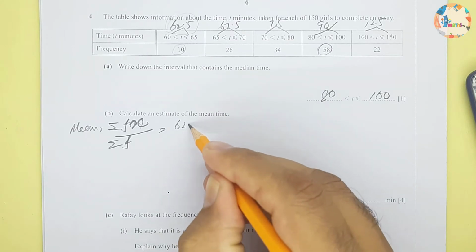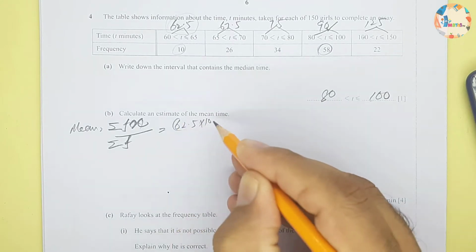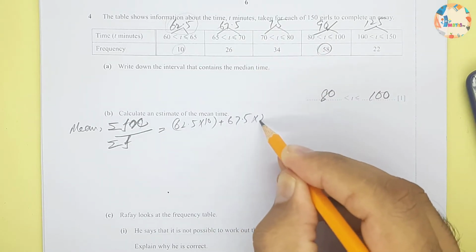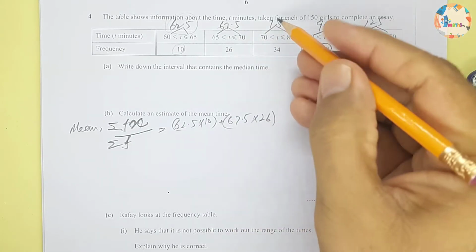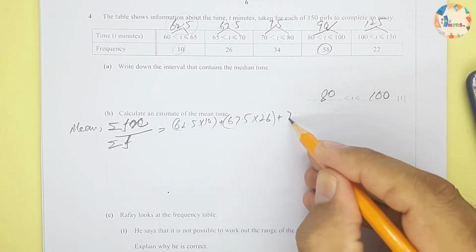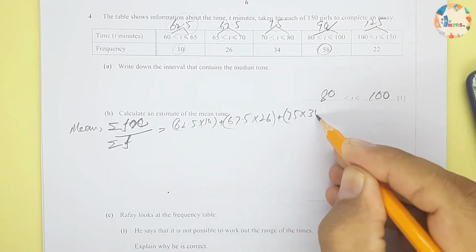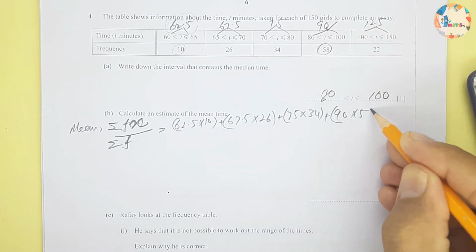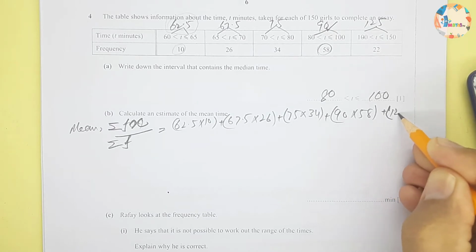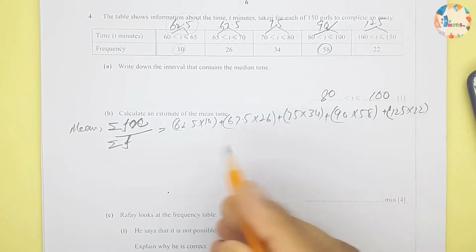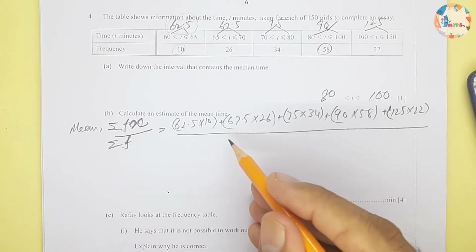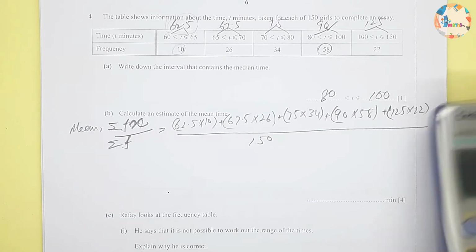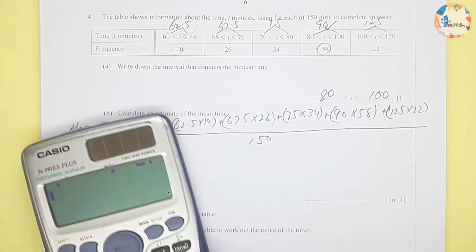So 62.5 multiplied by 10 plus 67.5 multiplied by 26, which is the frequency for this. Now 75 multiplied by the frequency 34, 90 multiplied by 58, and plus 125 multiplied by 22, and this will be divided by the total frequency, which is 150. Now we have to calculate this lengthy calculation.